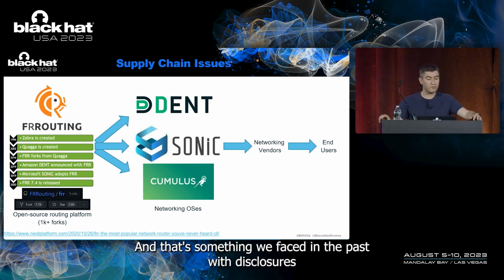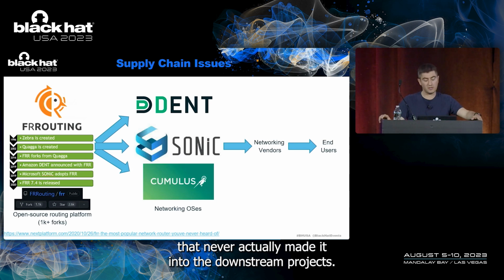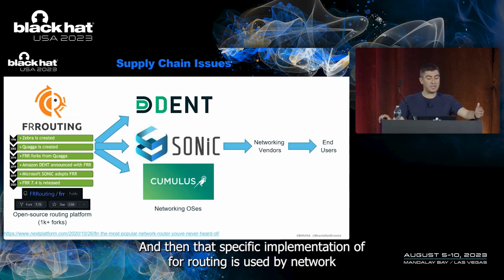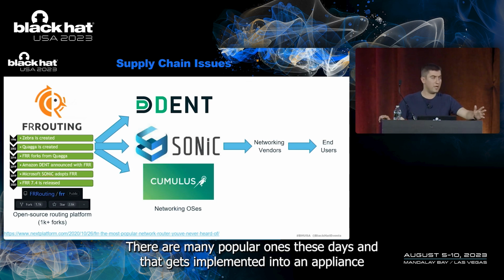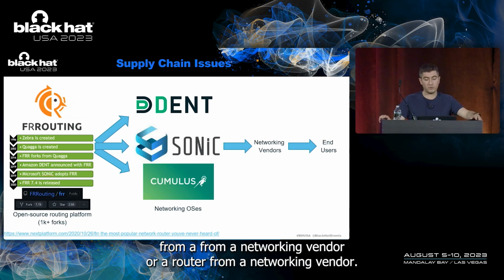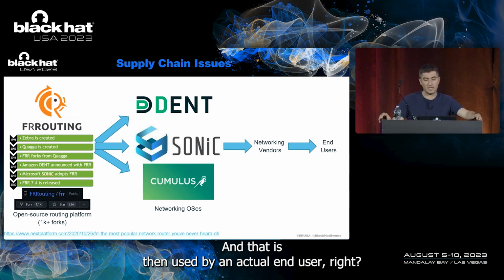And that's something we faced in the past with disclosures that never actually made it into the downstream projects. That specific implementation, FRRouting, is used by open source network operating systems as well, such as DENT, SONiC, Cumulus. There are many popular ones these days. And that gets implemented into an appliance or a router from a networking vendor, which is then used by an actual end user, right?